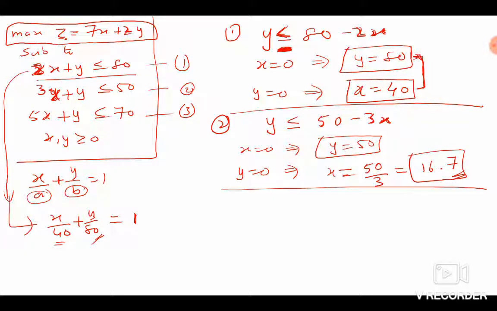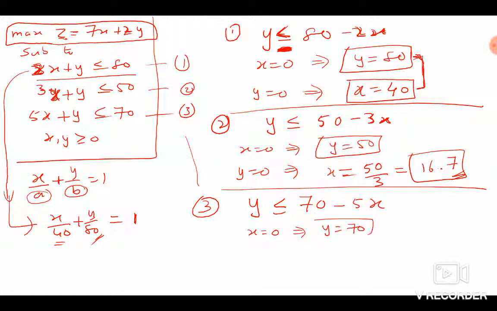Now third inequality gives, from this one, y is less than or equal to 70 minus 5x. 70 minus 5x. Therefore, when x is 0, you get y is 70.